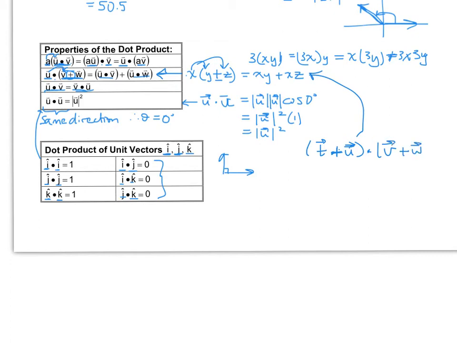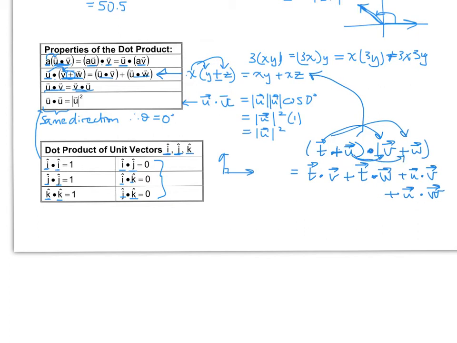I'm just extending that particular property. Again, the distributive property is going to work here. We would have vector t being dotted with vector v, plus vector t being dotted with vector w, plus vector u being dotted with vector v, plus vector u dotted with vector w. So really it's that distributive property, but when we do that, we're dot producting them, if that's even a word. So that's going to come into play in this next example here.